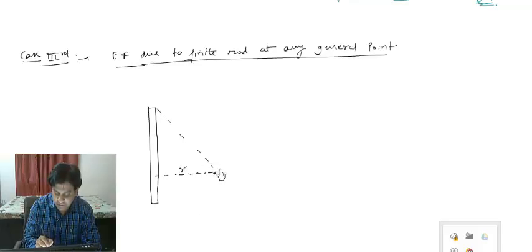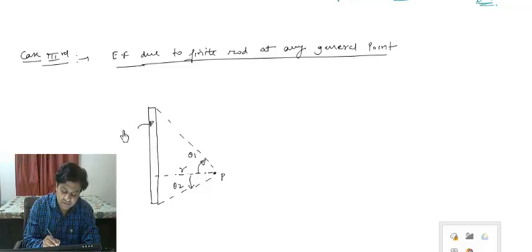And if I am able to calculate this angle to be theta 1 and let's say this angle to be theta 2, if this rod is having charge q, length L, then it is always better to write charge in terms of charge per unit length, right?